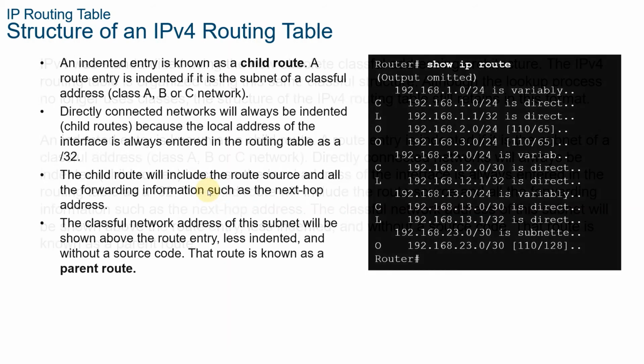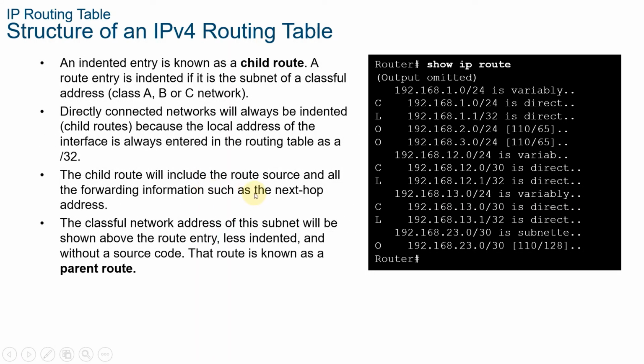Okay. So although the details of the structure are beyond the scope of this module, it is helpful to recognize the structure of the table. Okay, so an indented entry is known as a child route.